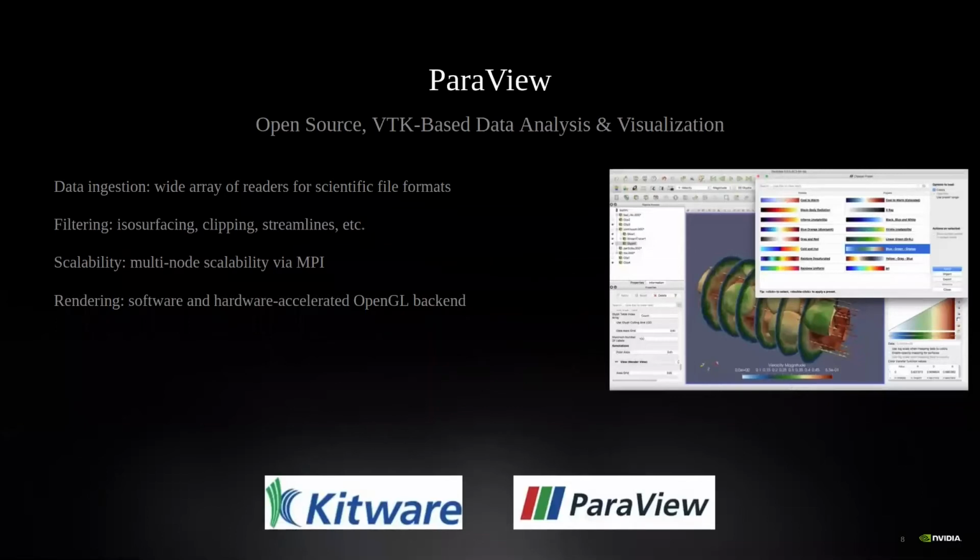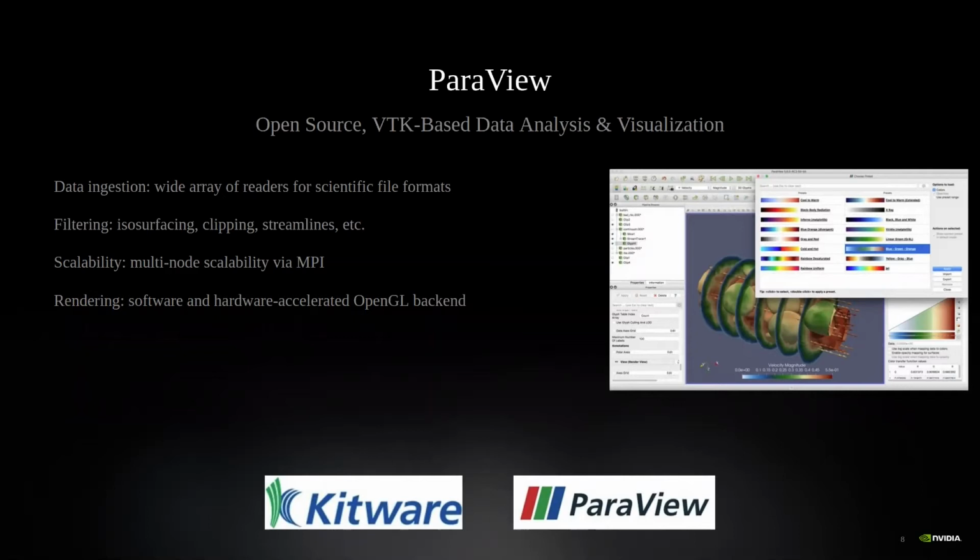So diving into ParaView a little bit, I'm assuming most of the audience is familiar, so I'll skip over a lot of this. But ParaView, as we all know and love, is an open source VTK-based data analysis and visualization tool. A lot of the things it does are uncommon for film quality tools.